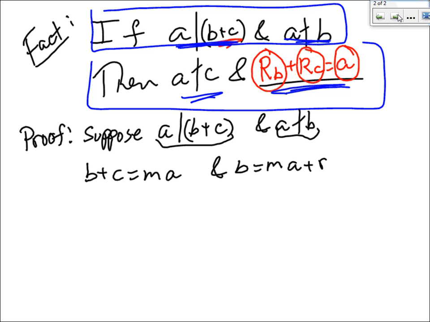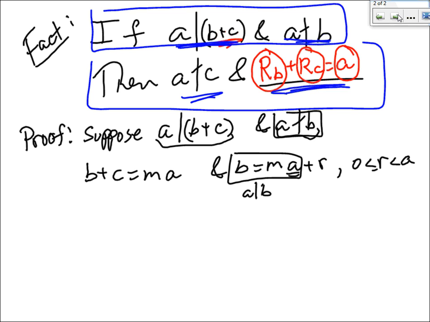Call it R. And of course, when you divide by A, the remainder is always between 0 and A, and it can even equal 0. But it only equals 0 if, it equals 0, that means B is a multiple of A, which means that A divides B. But that contradicts this.